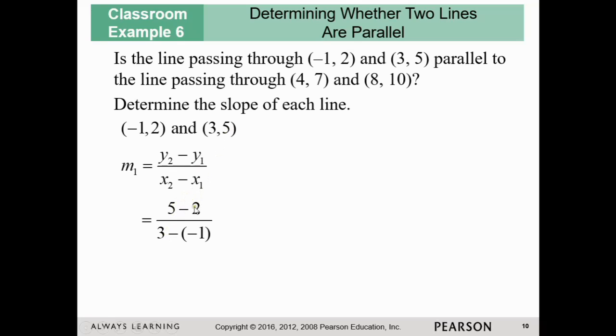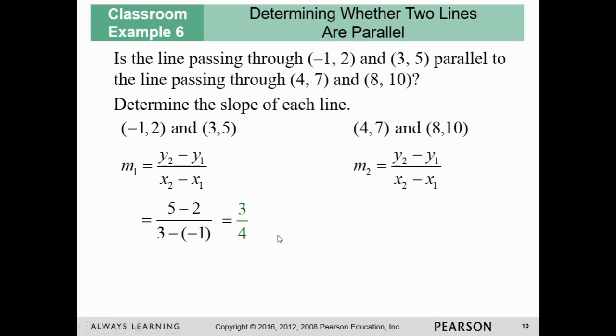Notice that the y's are on top. Notice that the 5 is over its x counterpart. The y coordinate is over its x counterpart. 5 is over 3. 2 is over negative 1. So 5 minus 2 is 3. 3 minus negative 1, same thing as 3 plus 1, is 4, so we get 3/4.